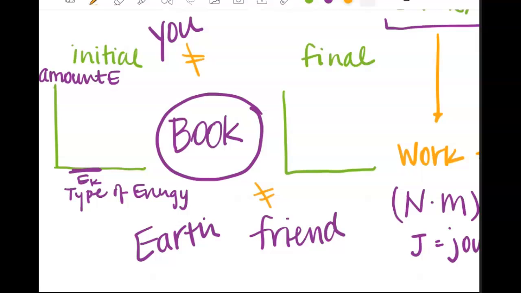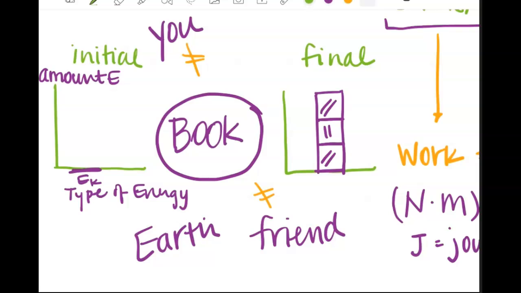Later we know that it's definitely moving right before the friend catches it. And so I'm going to just randomly choose 3 blocks here for the amount of kinetic energy the book has. It's just a representation.